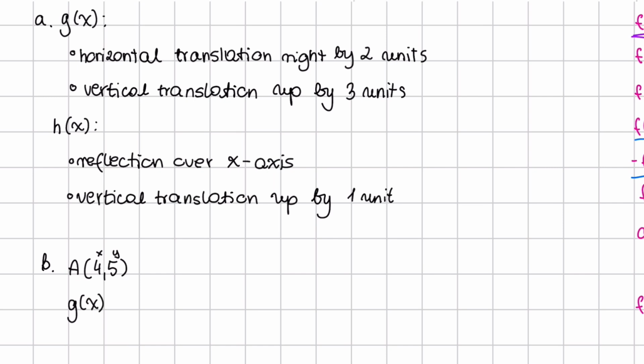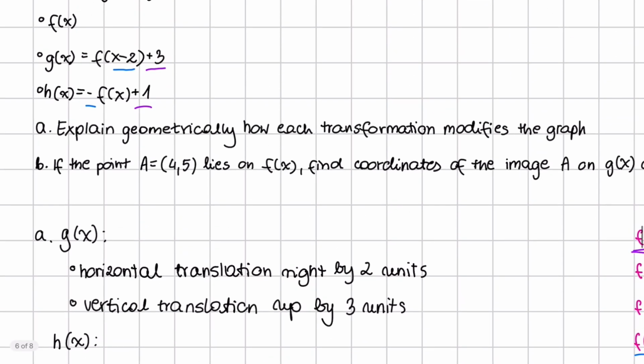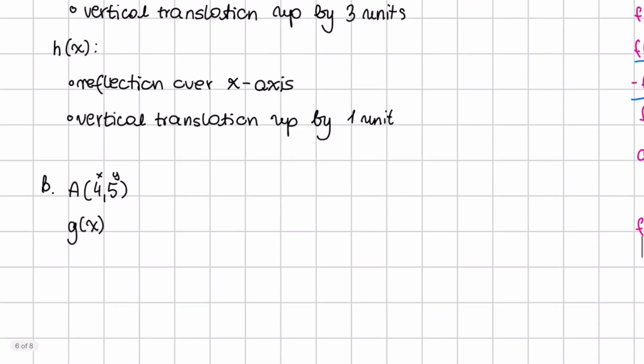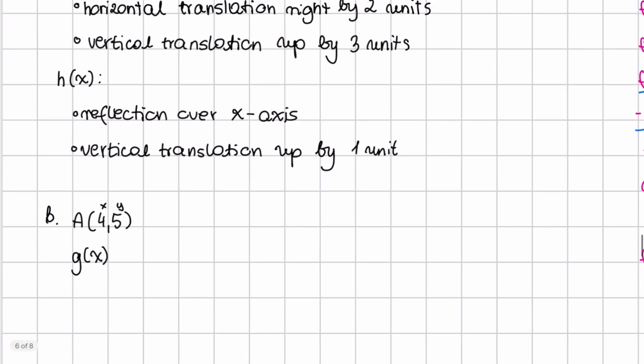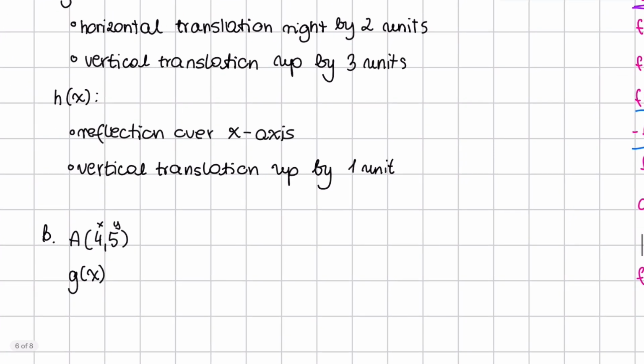Our transformations are a horizontal translation right by 2 units. So right means that we're considering x, because also in here we have something with x. From our point A, we have 4 as x, and we translate it right by 2 units.